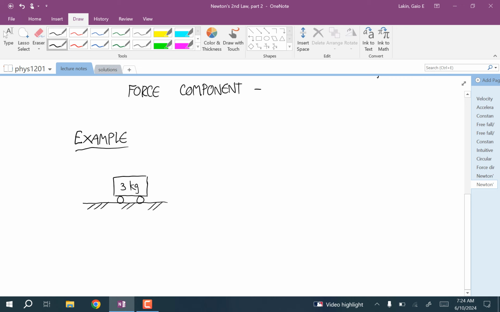And let's say we have a 2 Newton force over here, and over here we have a 5 Newton force that's acting at an angle of 30 degrees from horizontal. And we want to calculate the acceleration of this cart.